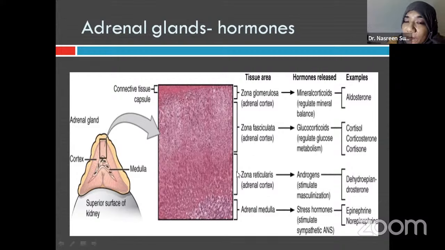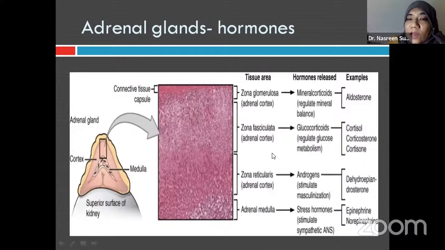The third type, zona reticularis, releases androgens, for example dehydroepiandrosterone.